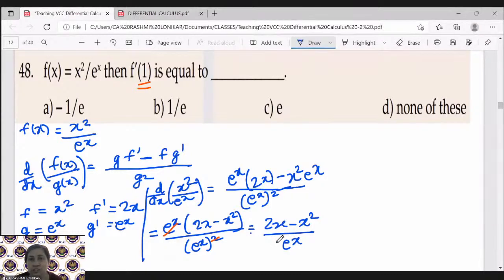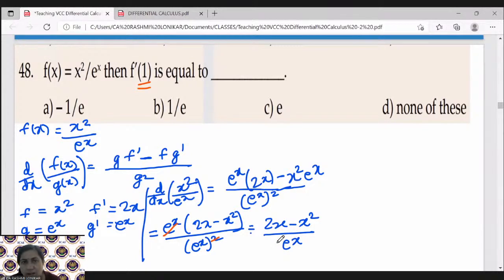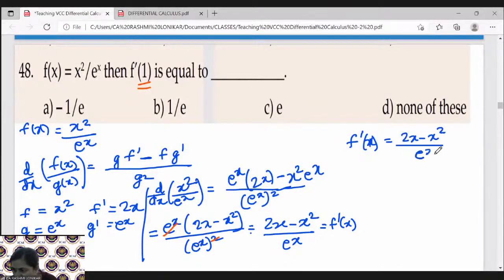Normally in questions you have this type of derivative till here, but here they are asking me to find out f dash of 1. This is equal to f dash of x. So f dash of x is equal to 2x minus x square upon e raised to x.